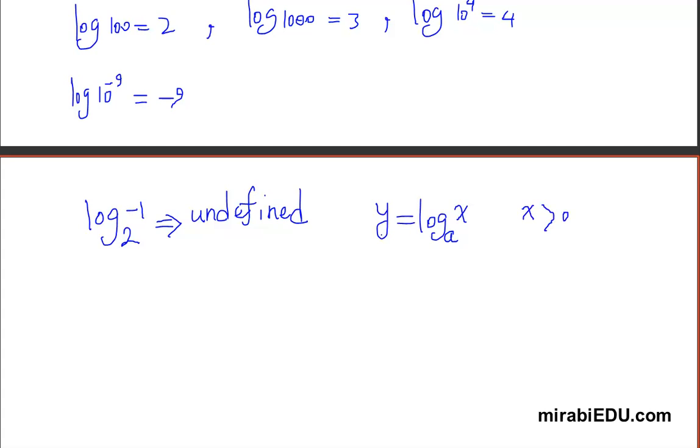So domain of this function is positive real numbers. Now, what about the bases? The bases should be positive again, because if the base is negative, for example, consider negative 1 or negative 3.